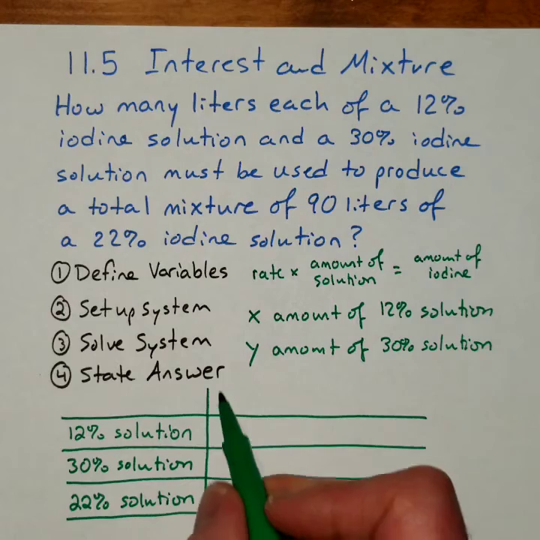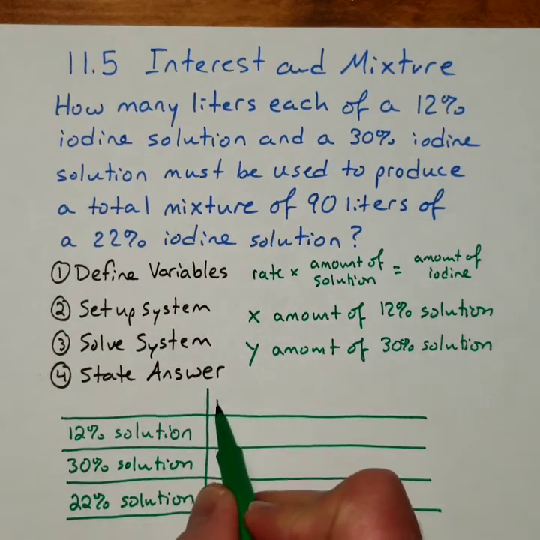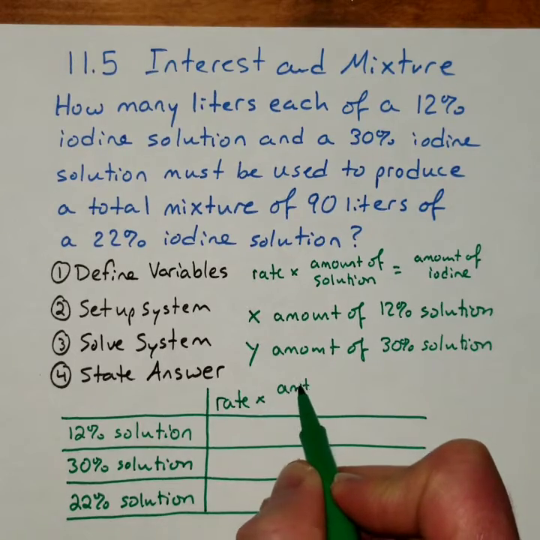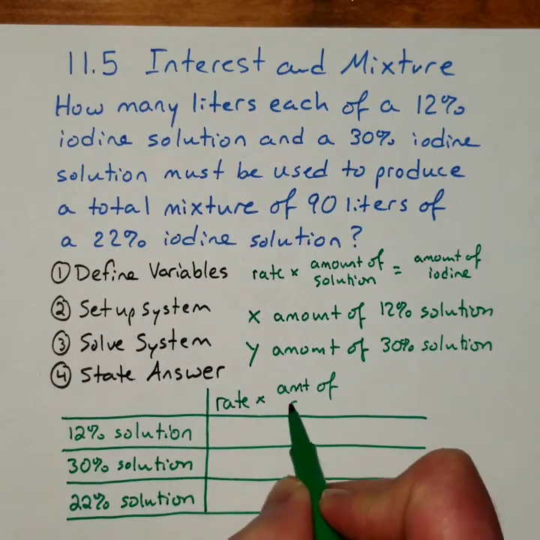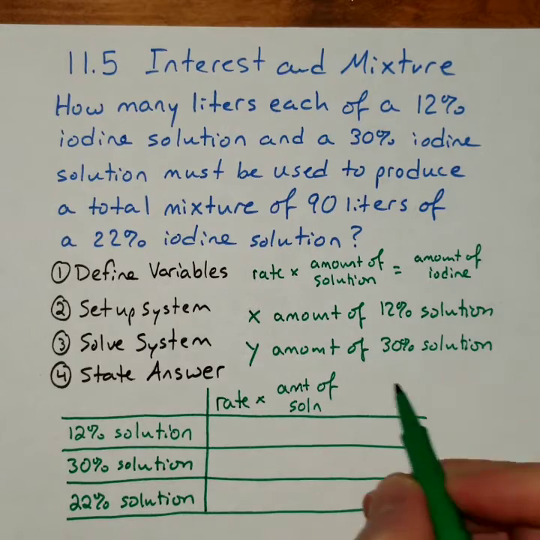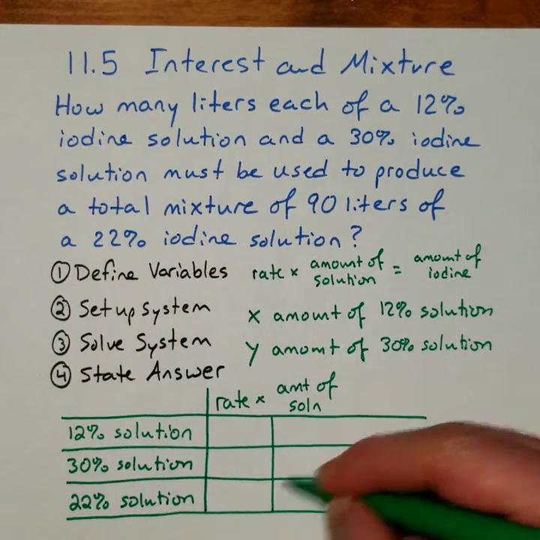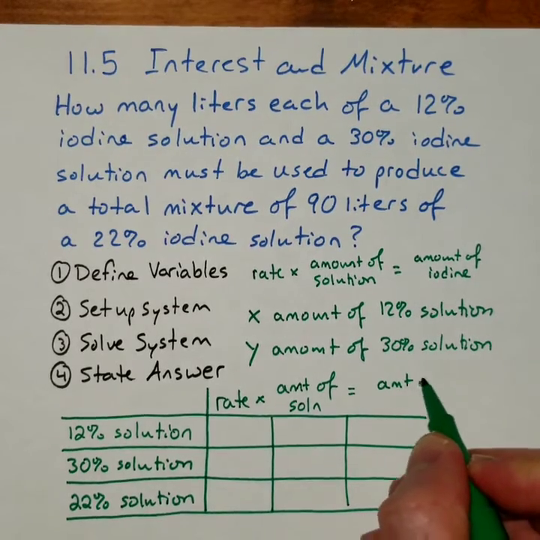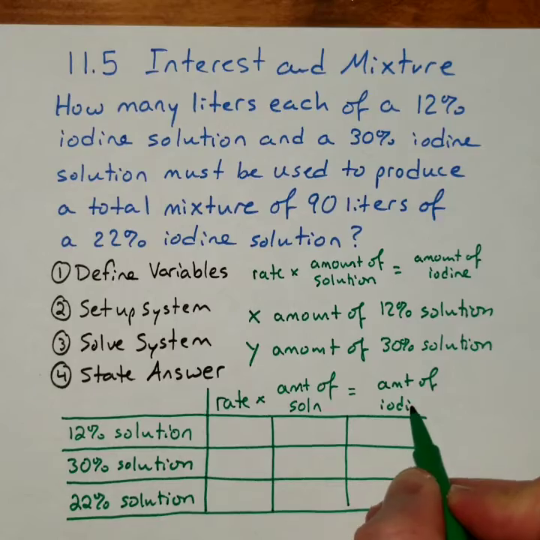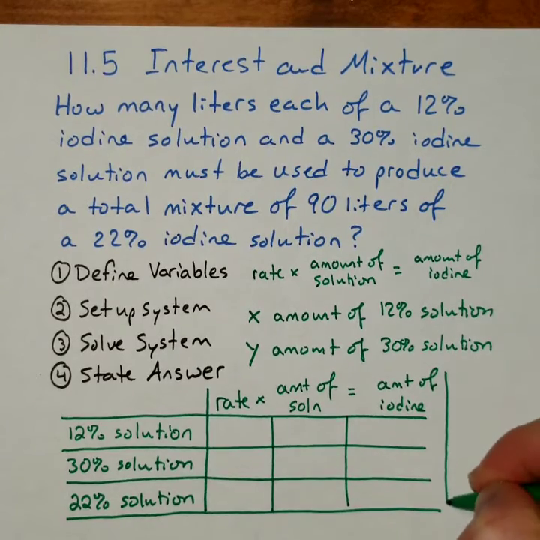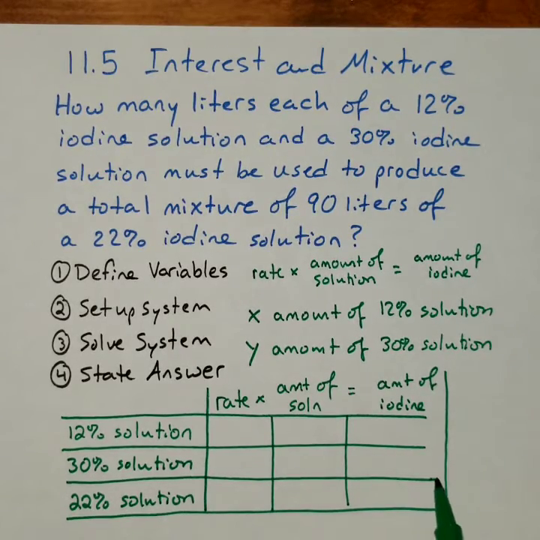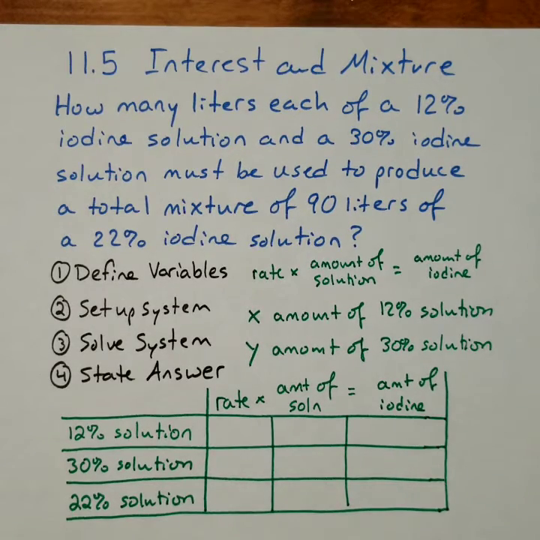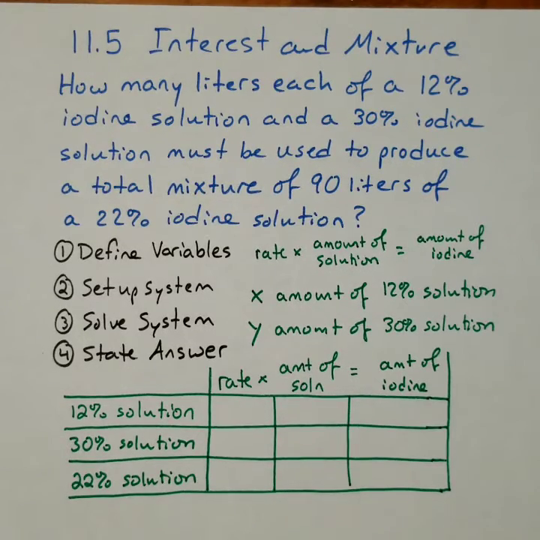Now up on top I'm going to use my formula, the rate multiplied by the amount of solution is going to equal the amount of iodine. Okay, so that gives me my table set up.